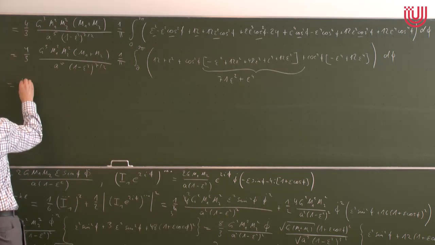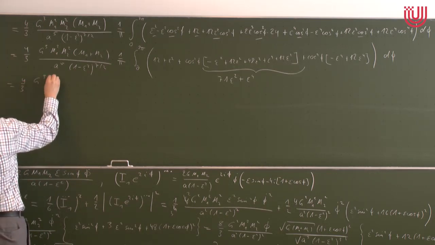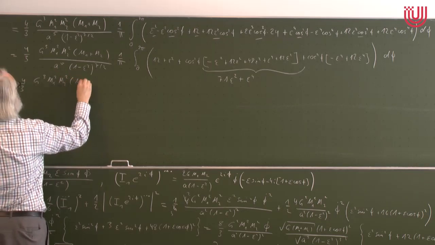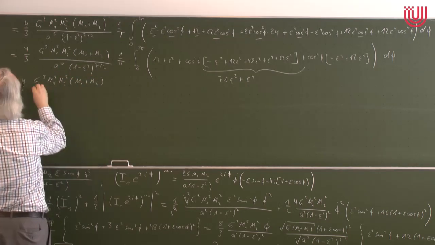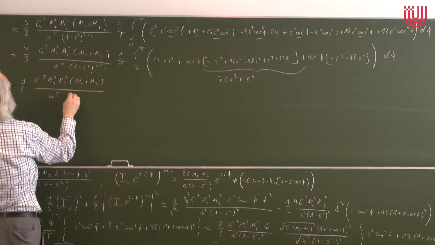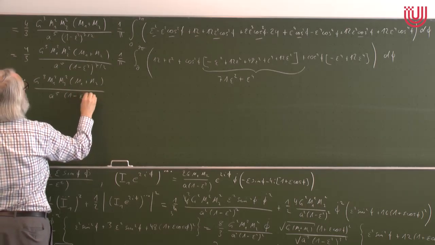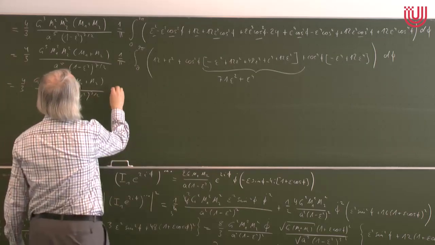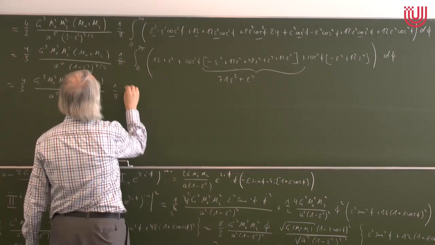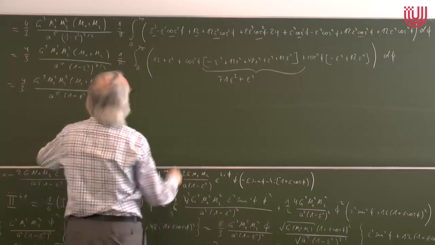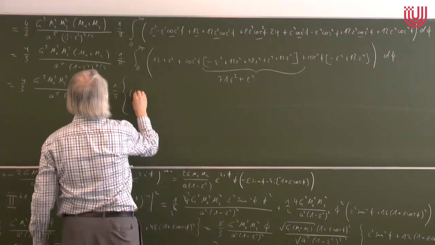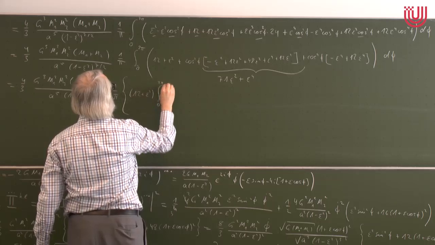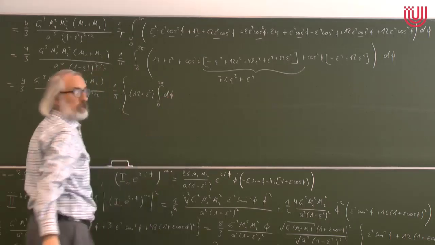So now I can integrate this. M1 plus M2 divided by a to the 5, 1 minus epsilon squared to the 7/2, 1 over pi, bracket. Okay, 12 plus epsilon squared, integral 0 to pi d phi, okay?